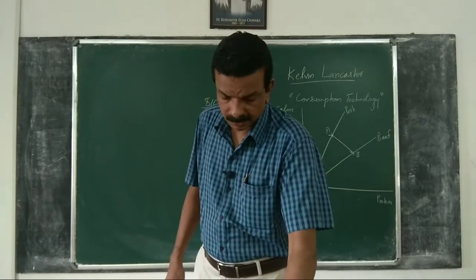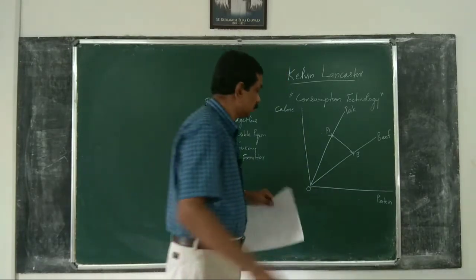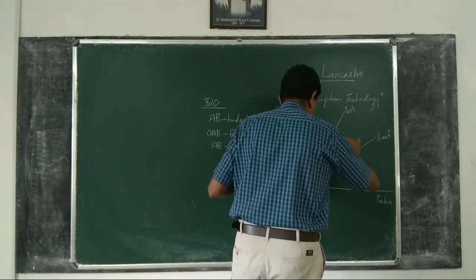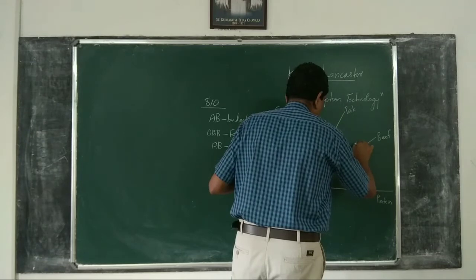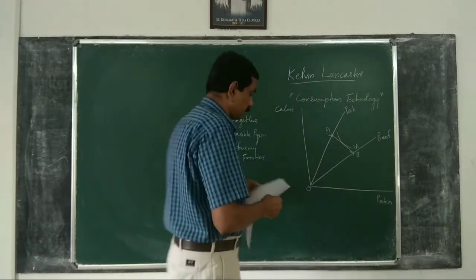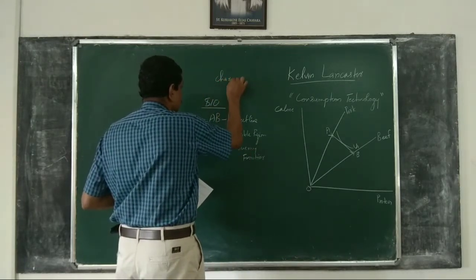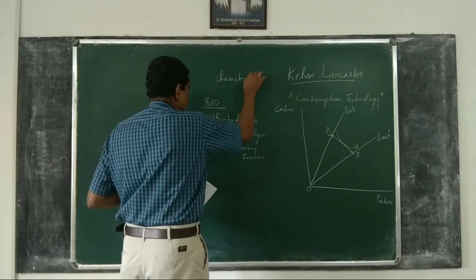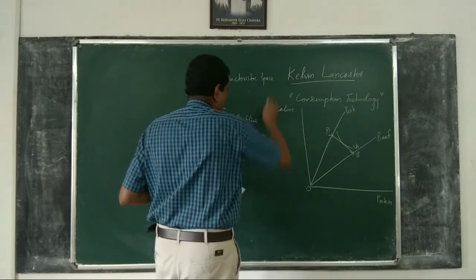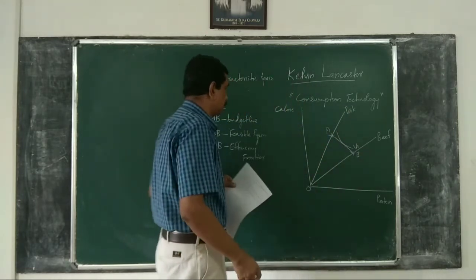Now let us assume that our consumer has the indifference curve given as U1, and this U1 is drawn in the characteristic space, because this space represents the characteristics of calorie and protein.